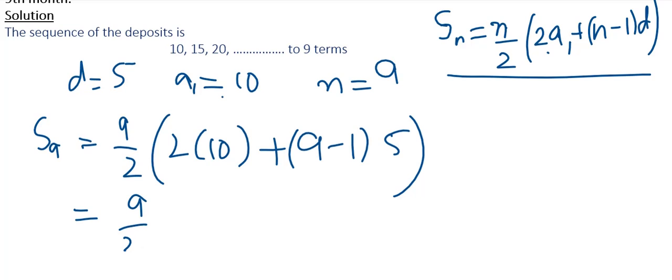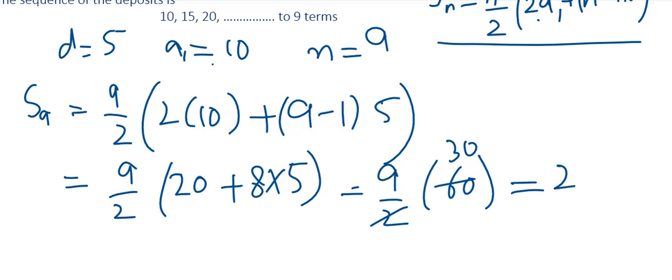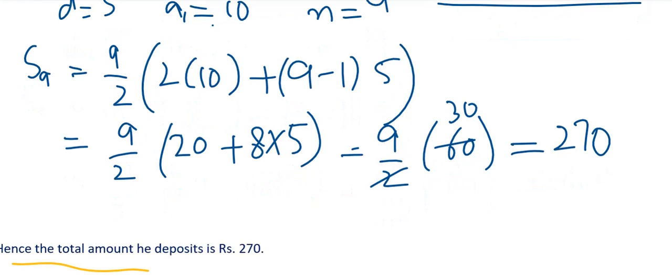So now we solve these: 20 plus 8 multiplied by 5. After solving this we get 270. Hence the total amount he deposited is rupees 270 after 9 months.